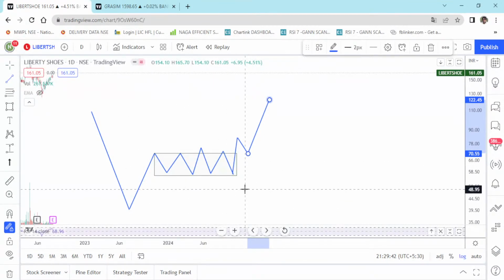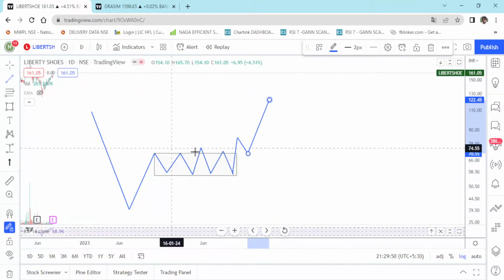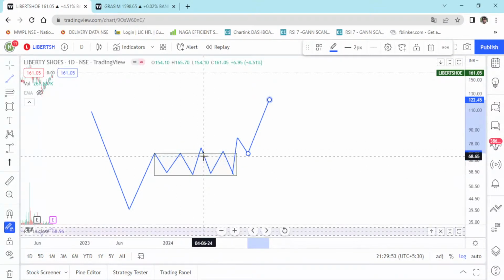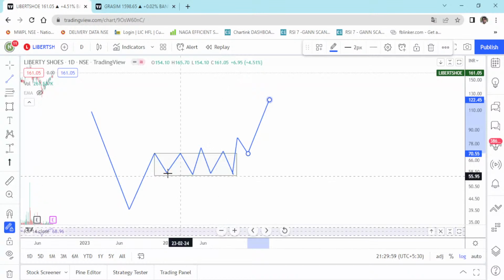This rectangle pattern is very useful for finding a consolidation breakout, or we can say a trend continuation pattern. Knowing whether we have to keep holding the stock is a very important thing. As long as you are in the market, you should be able to spot this pattern with the naked eye, which will be very beneficial for you.